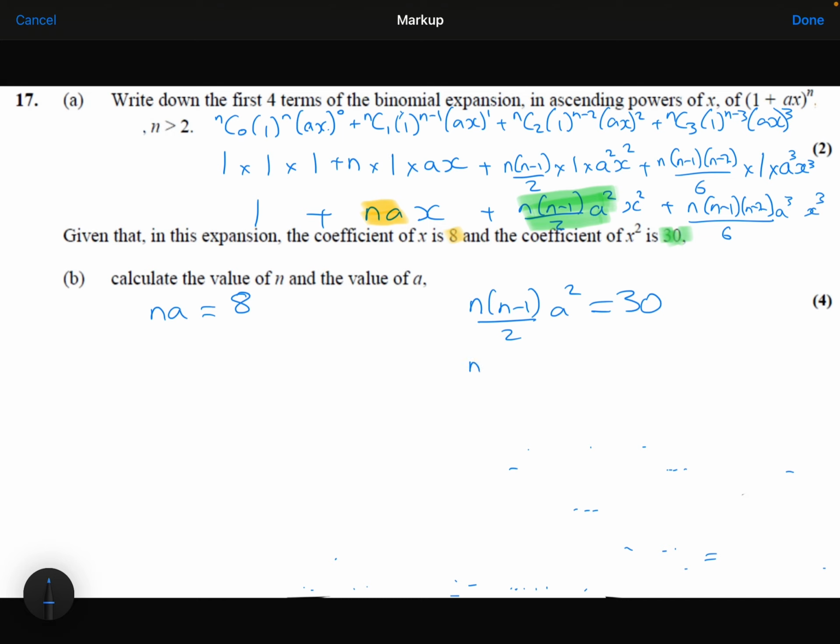First thing I'm going to do is multiply both sides of this equation by 2 just to make this a little bit simpler and get rid of that fraction. I'm then going to make a the subject, rearranging that to be a equals 8 over n, so that I can substitute it in here.